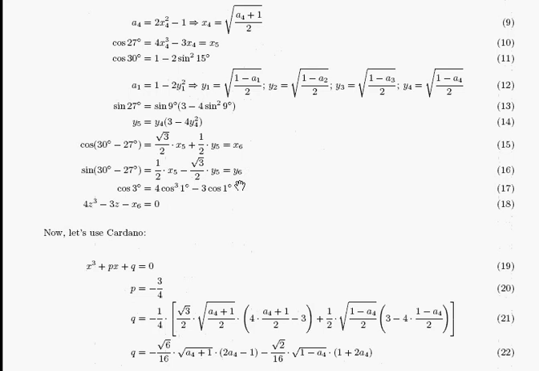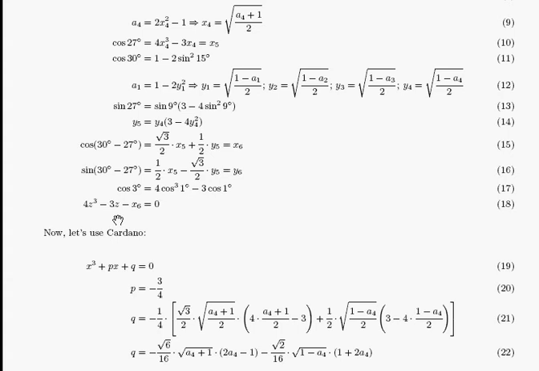It is y6. So we know who is cosine of 3 degrees. It is 4 cosine cubed of 1 degree minus 3 times cosine of 1 degree. This is classic. What is not classic is to divide the cosine of 3 by 3 to get cosine of 1 degree. This is what we're going to do now.